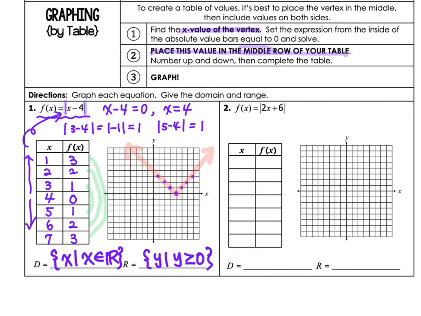Let's try one more practice, number 2. So 2x plus 6 equals 0. Solve for x, subtract 6 on both sides, divide by 2, x equals -3. So that should be placed on the middle row.